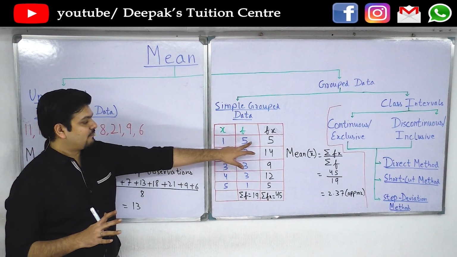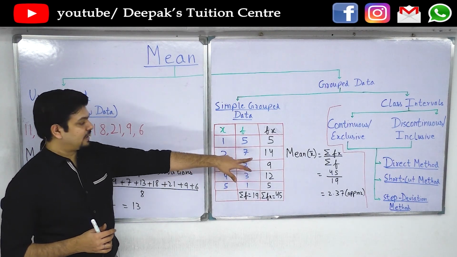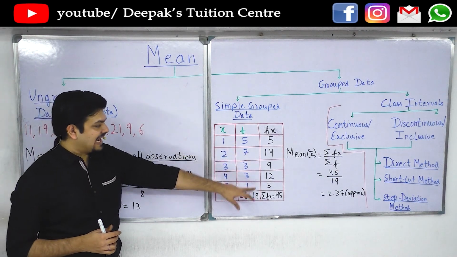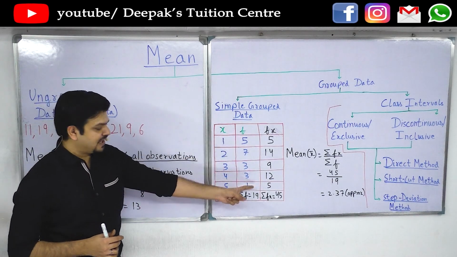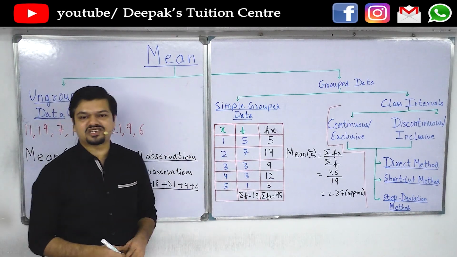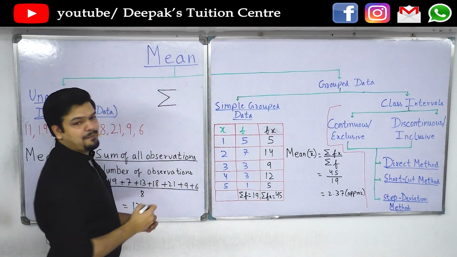So logically 1 and 2 combined give me 12 observations. If I add all these, the sum of the frequency column, which we call summation F, gives me the number of observations. Summation is represented by this Greek letter, capital sigma.